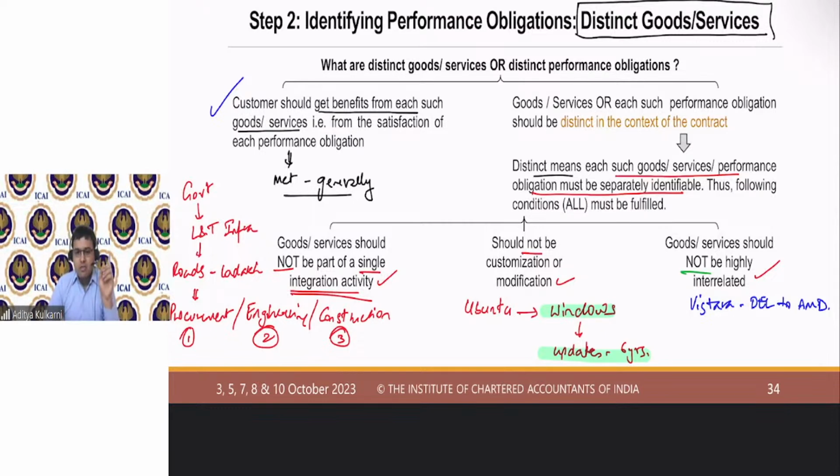But the next one is all the negative conditions must be satisfied, which is first one, the goods or services should not be part of a single integration activity. The goods or services should not be a mere customization or modification of existing goods or services. The goods or services must not be of a nature which makes them highly interrelated. If these three negative conditions are satisfied, then the goods are said to be distinct in the context of the contract.